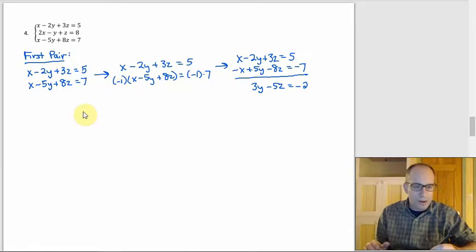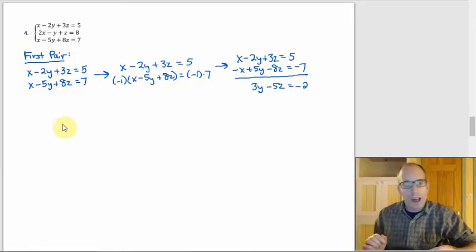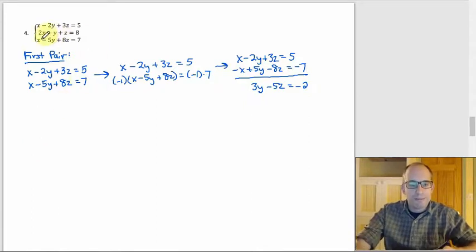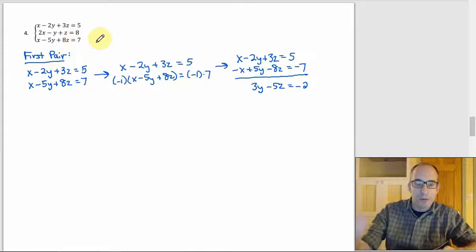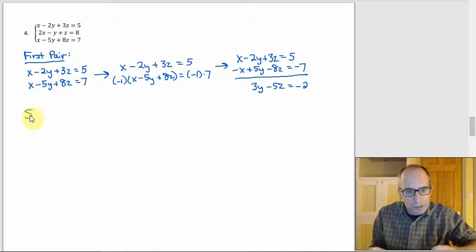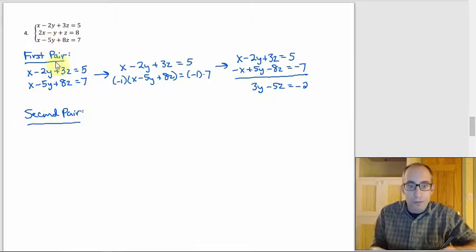My second pair, when I did it earlier, I just did the second and third and then multiplied both sides of what would be the third one up there by negative 2. And then that way I could get rid of the x terms. So for the second pair, I thought, because you got to use that one in the middle, right? We haven't used that one yet.